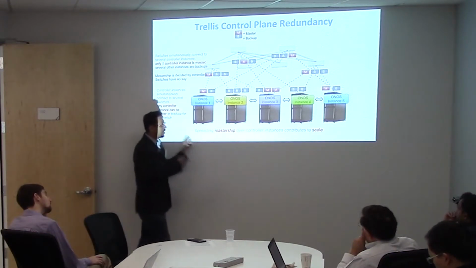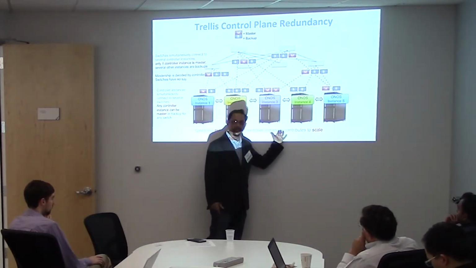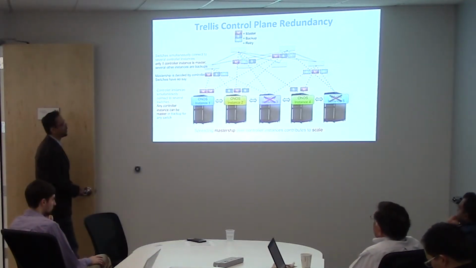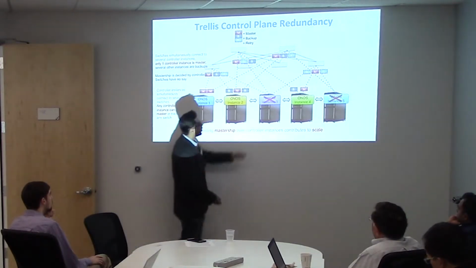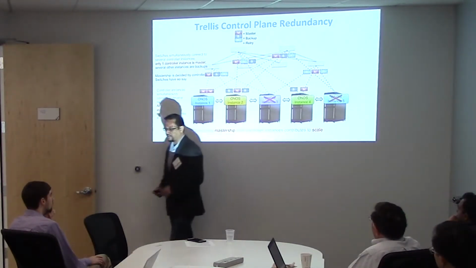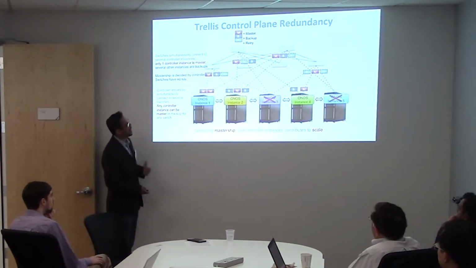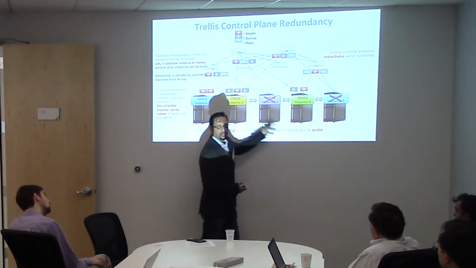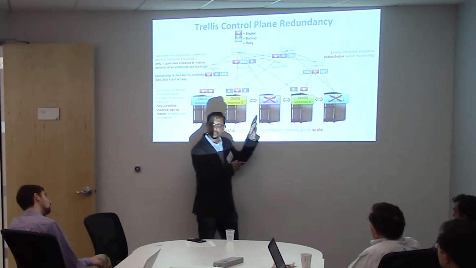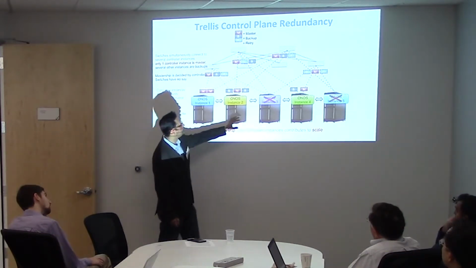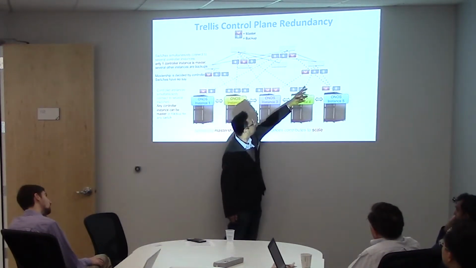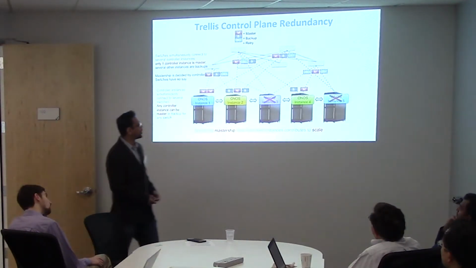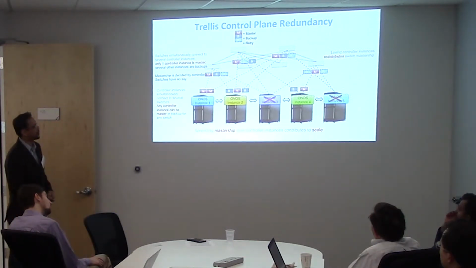But the great thing about ONOS is that the same way that you do scale is the same way we handle redundancy. So imagine if 2 of these controller instances go down. We lost a couple of instances, but we still have 3 instances up and running. First of all, the remaining ONOS instances redistribute the mastership amongst themselves. So something that was formerly a backup for that particular switch has now become master for that switch.